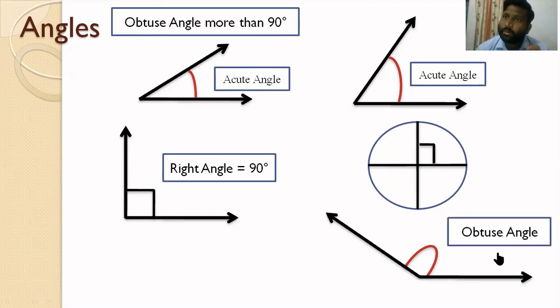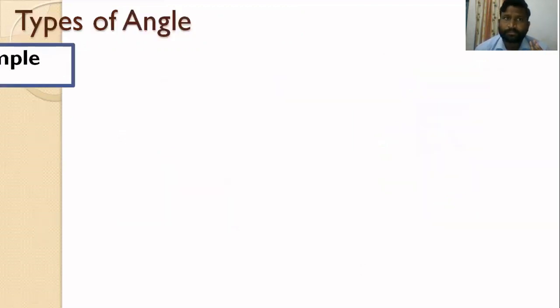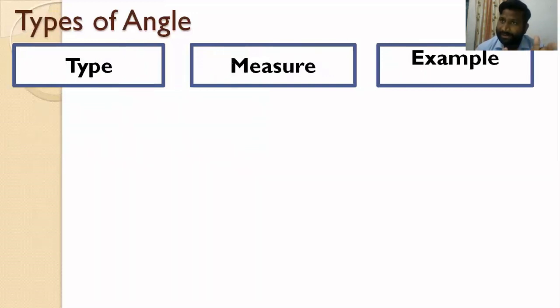So this is called an obtuse angle. So depending upon the measure of the angle, the angles are divided into 3 categories: acute angle, right angle, obtuse angle. Okay, let us discuss it.